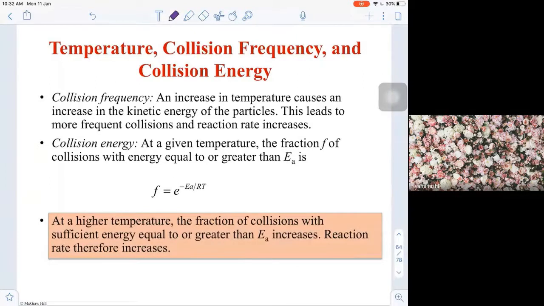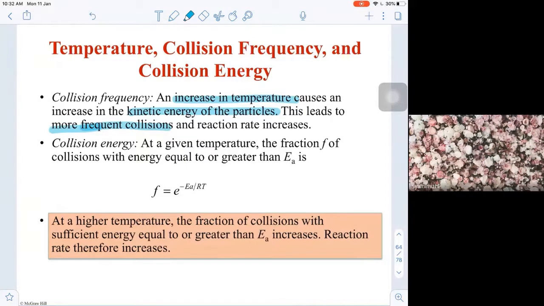Of course, when we increase the temperature, it will make the kinetic energy of the particles increase. So we know that the higher the energy of the particles, the more frequent the collisions occur.